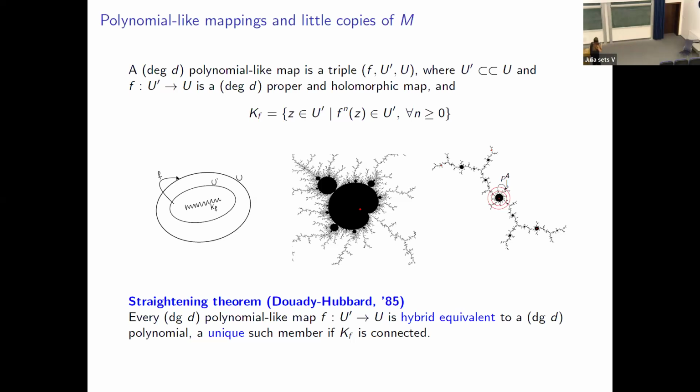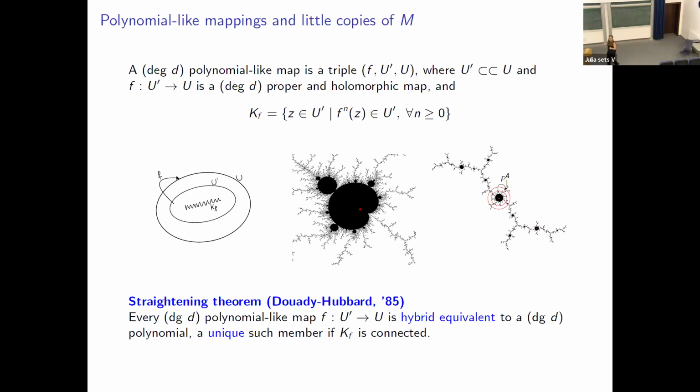You have your disk U' that is mapped properly holomorphically to U that contains it compactly. Every degree D polynomial restricts in a neighborhood of its filled Julia set to a polynomial-like map of the same degree.